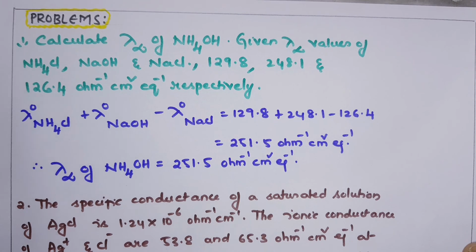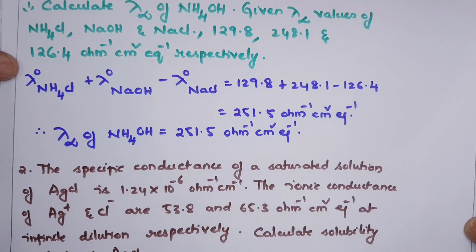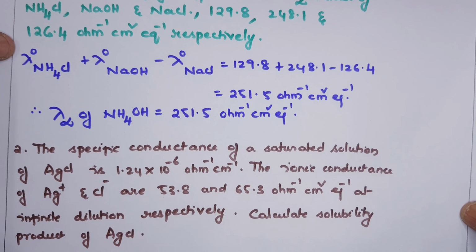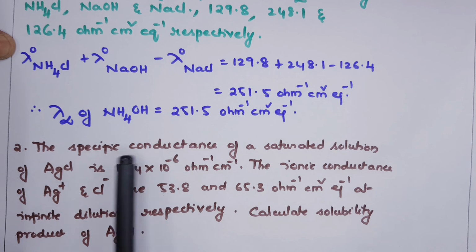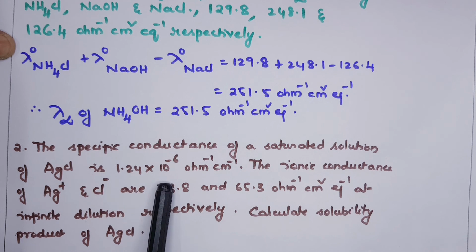Next, second problem. The specific conductance of a saturated solution of AgCl is 1.24 into 10 power minus 6 ohm inverse centimeter inverse. Here specific conductance of AgCl is given, students.